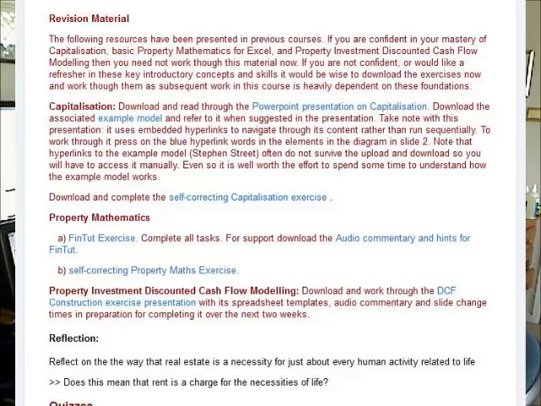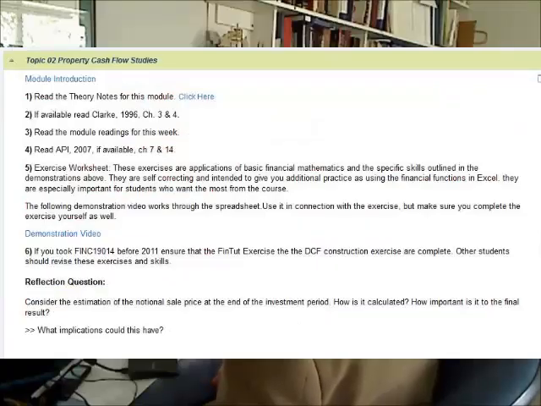And so when we look at this first module, we're introducing the idea of property as investment, but specifically those introductory skills that are important for mathematical analysis. While that's primarily in the Excel world, it's also important that you do it or check it with a financial calculator. We really extend that in the second topic, where the main activity tends to be the exercise worksheet.